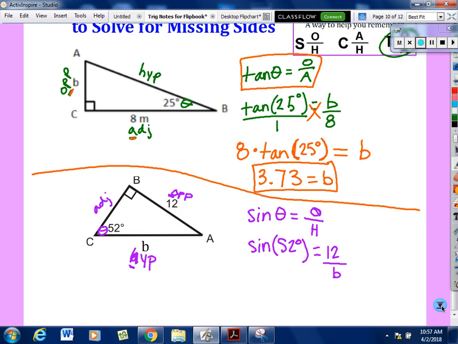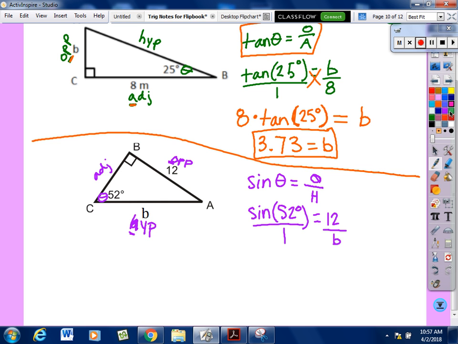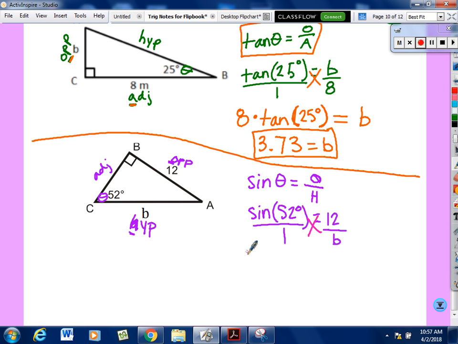And again, to solve these, the easiest way is to put it over 1 and then cross multiply, just like solving any other proportion. So if I cross multiply, I'm going to have B times sine of 52 degrees equals 1 times 12, which is 12.